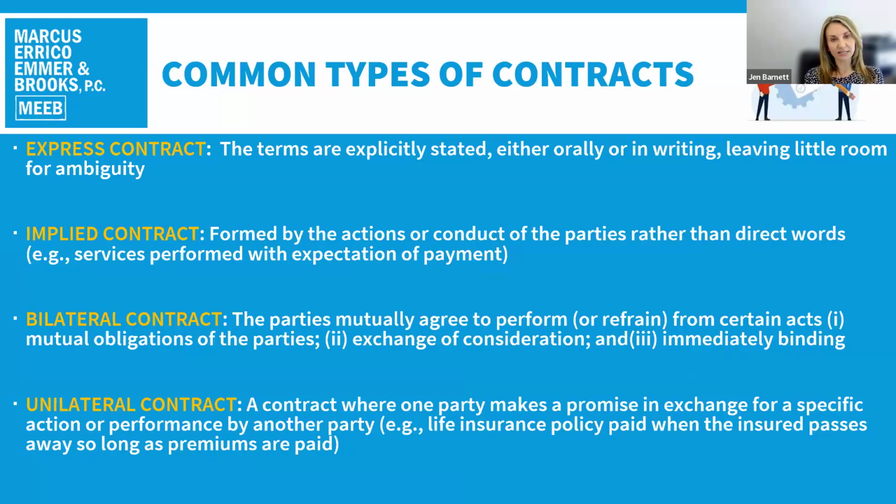An implied contract is more actions than words. The classic example is painting the fence. So you see somebody goes out and starts painting the fence on your property. You walk by, you say, "Hey, great job."